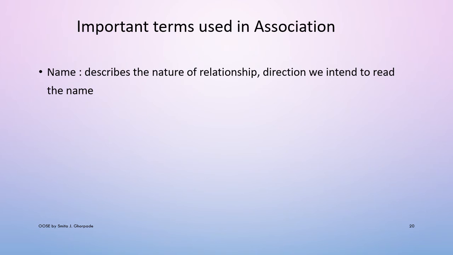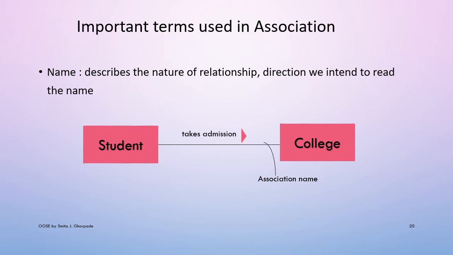Now some of the important mechanisms that can be used with association. First one is name. We can give naming conventions for an association relationship. The name describes the nature of the relationship, and the direction in which we intend to read the name. For example, student is one class and college is another class.